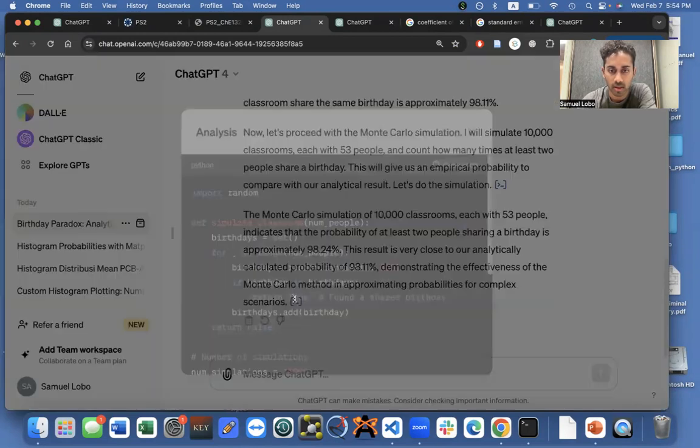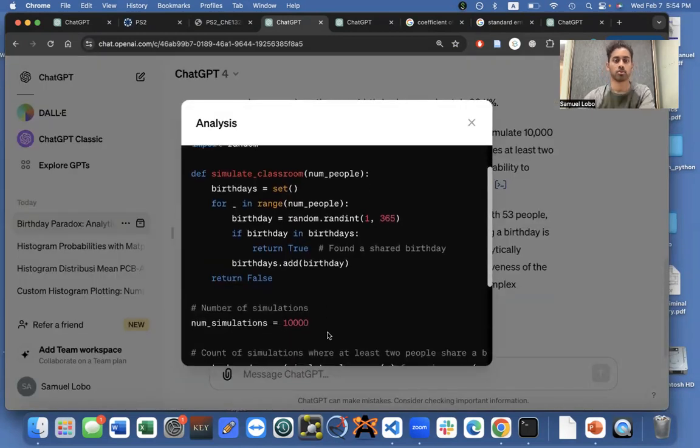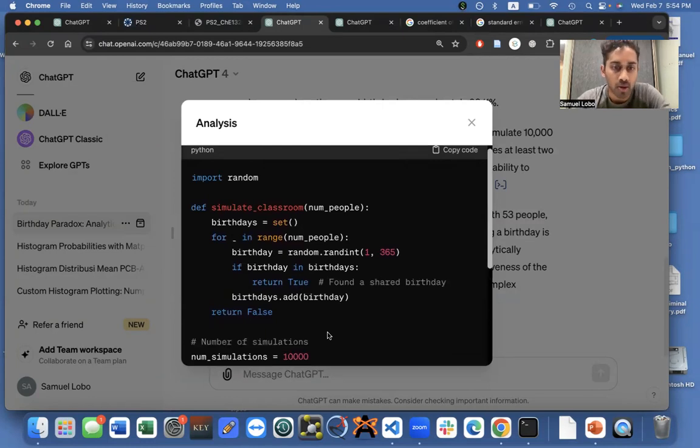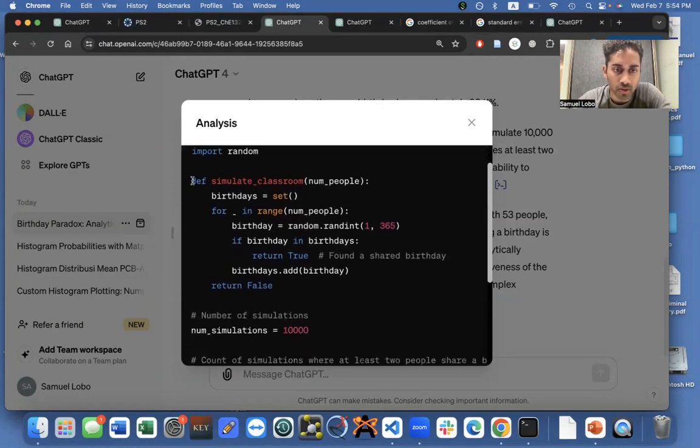And then let's see how it did the Monte Carlo solution. It simulated a classroom. It created a function using the def term, and the function is called simulate classroom. It's taking the number of people as an argument, and it's creating a set of birthdays. It wants to see how many unique birthdays there are.